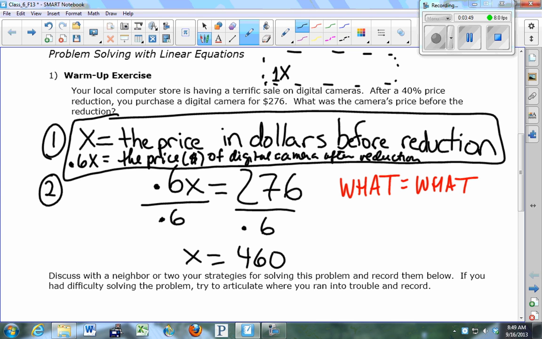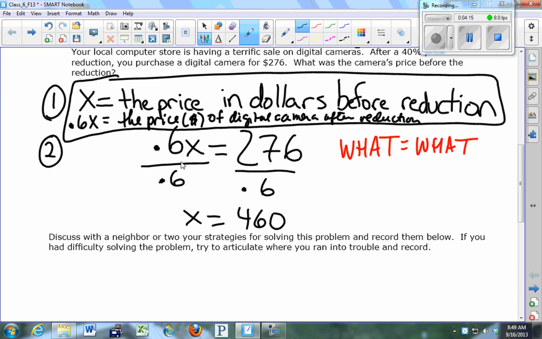A lot of you didn't show it. If you subtract 0.4, you won't be able to simplify that. So what did you really subtract? 0.4 what? 0.4x, because you're taking 40% of the original price. And that's what gives you your 0.6x. Okay?